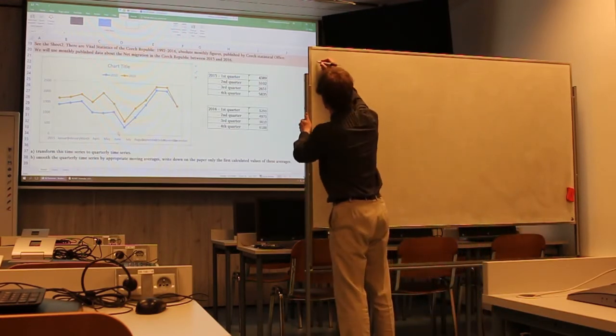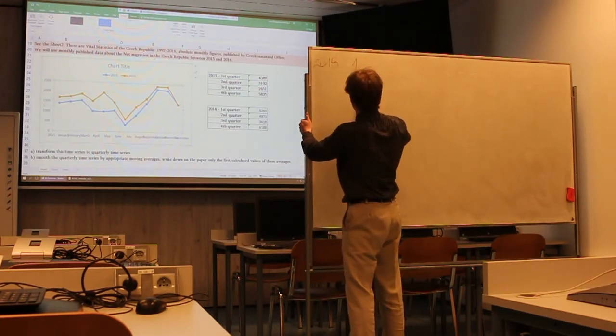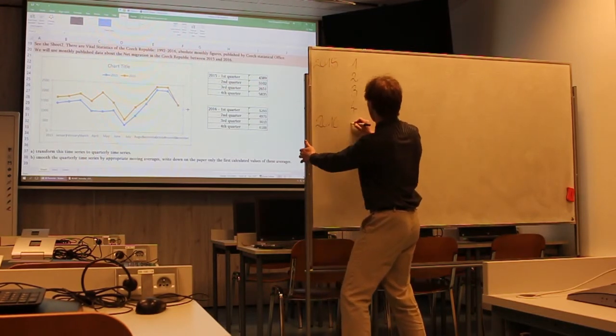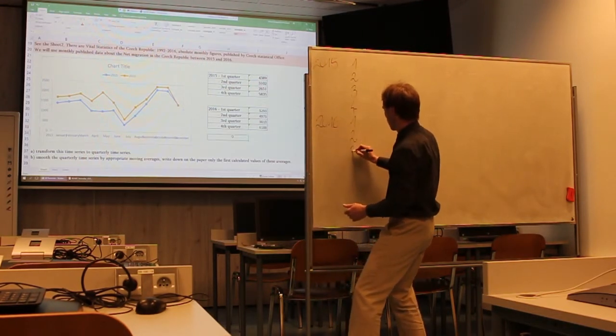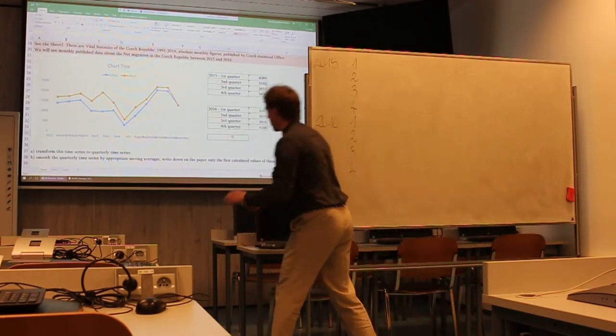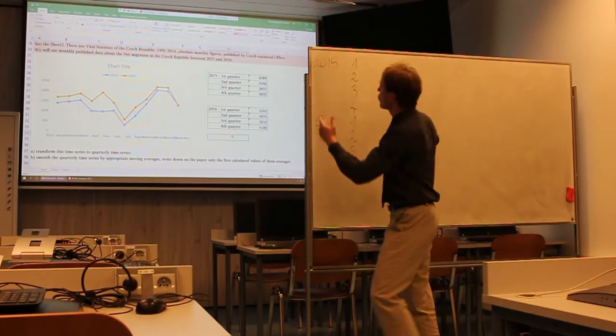Year 2015, first quarter, second quarter, third quarter, fourth quarter, and year 2016, first quarter, second quarter, third quarter, fourth quarter. So from 24 values, we now have 8 new values.